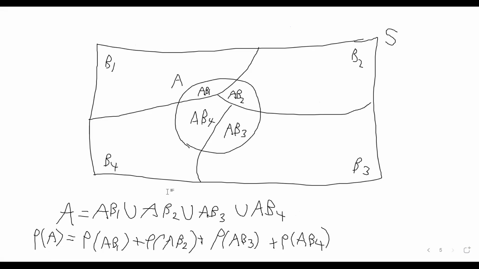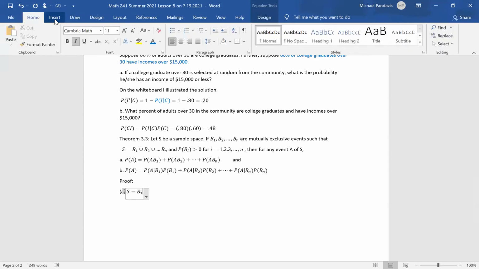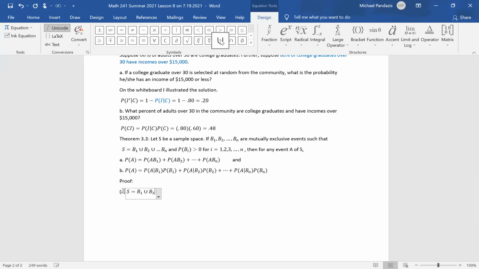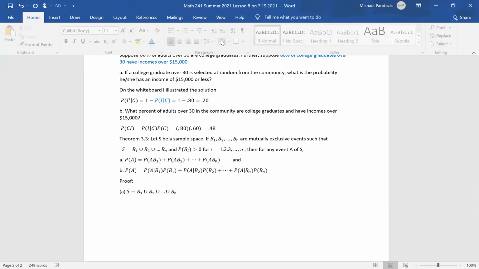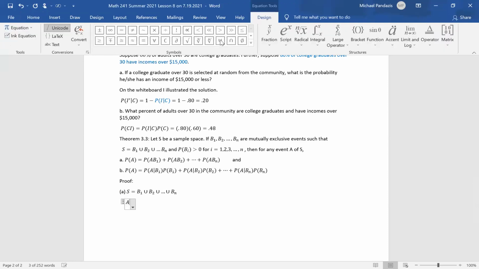That's also very important, not just writing down the equations and getting an algebraic proof. So S is equal to B1 union B2 union dot dot dot union Bn. Since S is the union of those sets, we can say that A is A intersection S, because A is in the entire sample space.